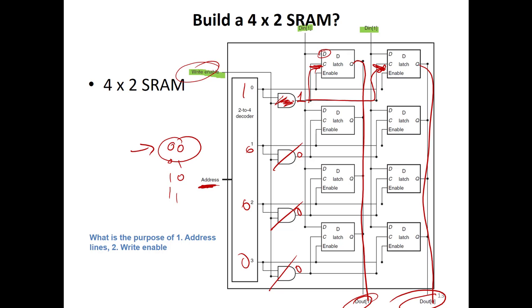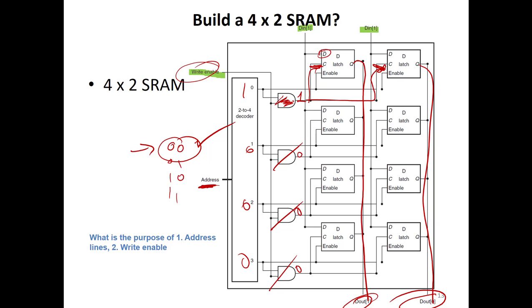So we have the ability to go ahead and select one of the banks. So this top bank would be 0 0. This bank would be 0 1, 1 0, and 1 1. And then we can select one of them.